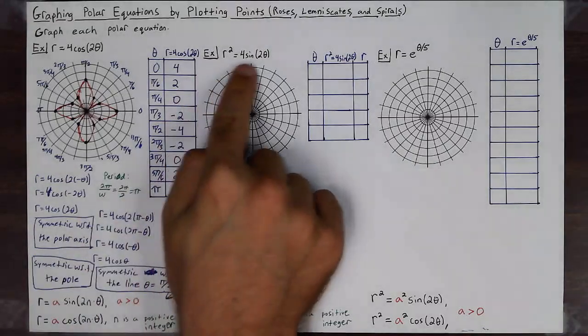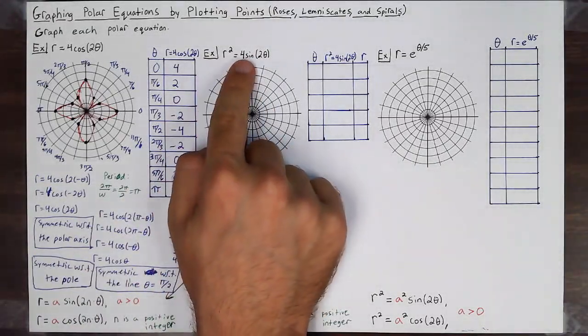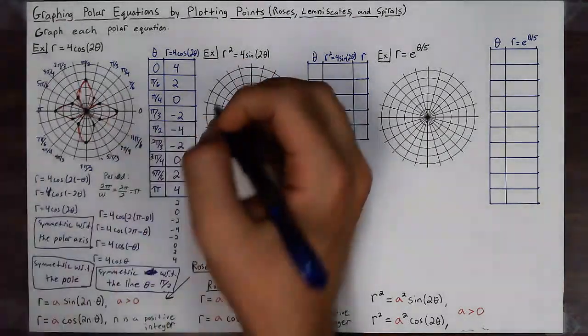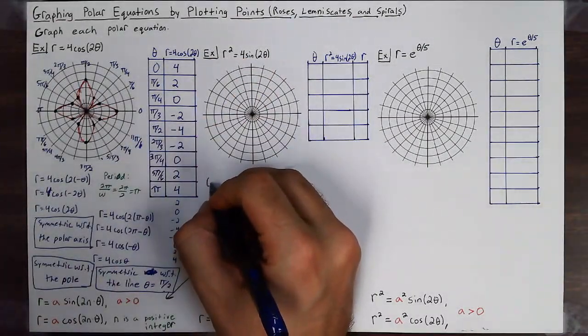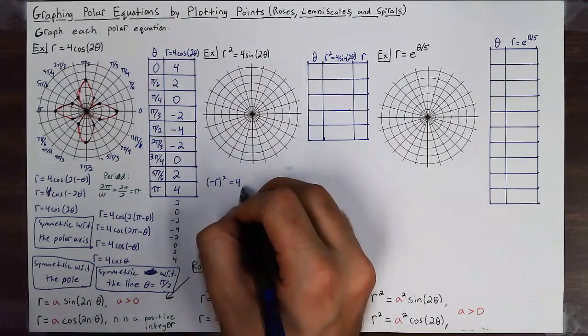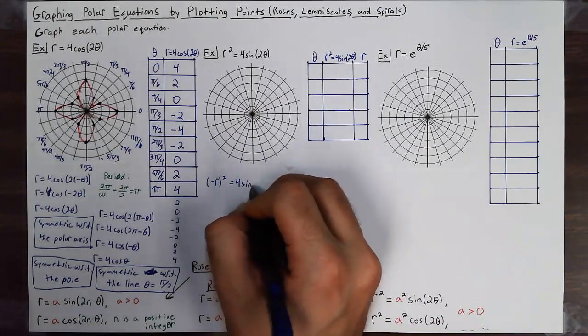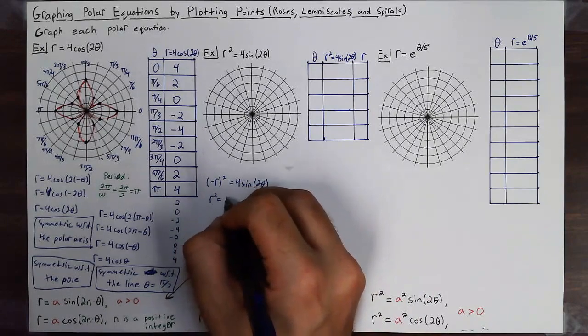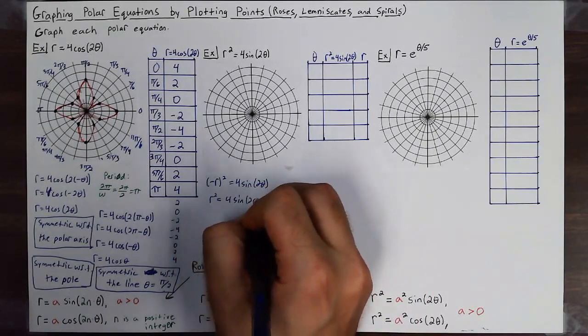But let's look at this next example where we have r squared is equal to 4 sine of 2 theta. Now we'll test for symmetry, but we only have to test for symmetry about the origin. Since r is squared, I can already tell it's going to be symmetric with respect to the origin. So I'll square the r, and I'll also have r squared is equal to 4 sine of 2 theta.